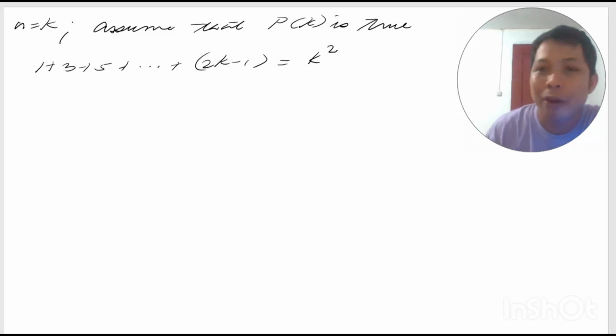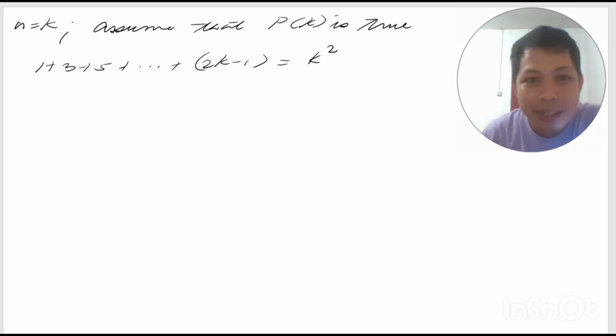That is our hypothesis. So this is true for some integer k.